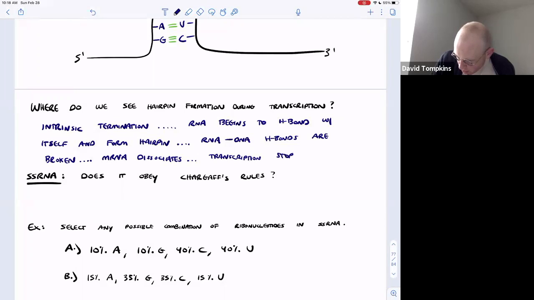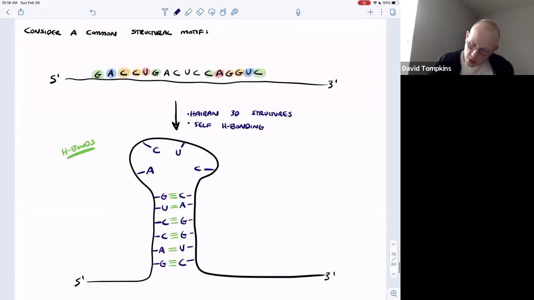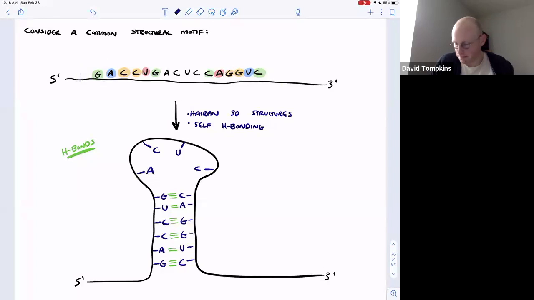So you'll often find these self-complementary sequences towards the 3' end of a growing mRNA strand, at the point at which that gene has been finished in terms of its appropriate transcription. It's sort of a stop signal.